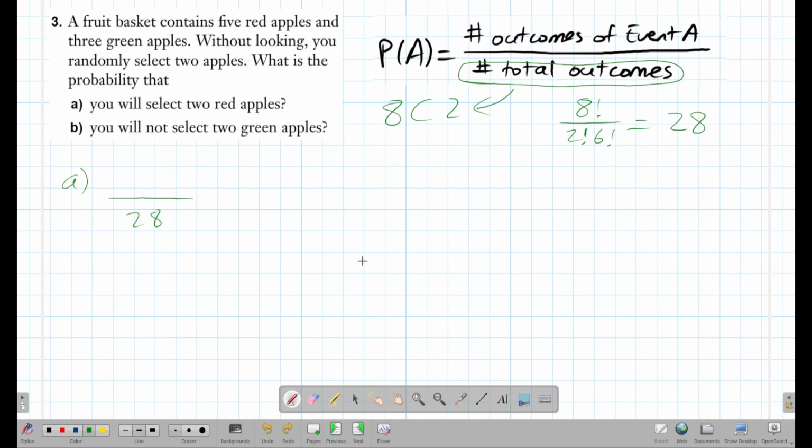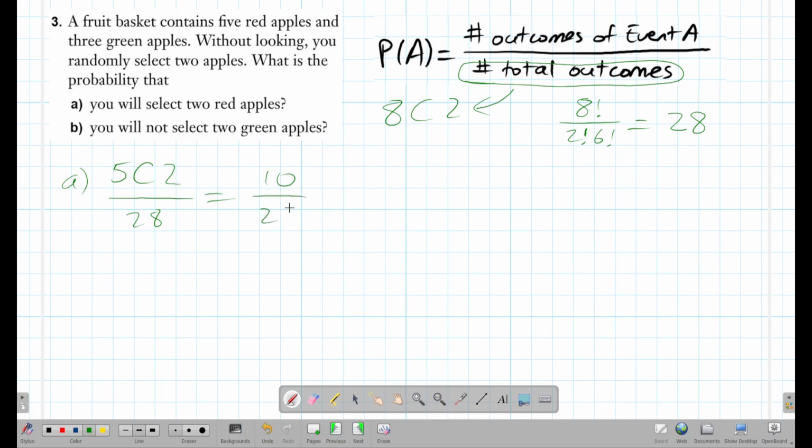Okay, so let's tackle the red ones first. We need to select 2 red apples. Again, we're going to use combinations because we don't care about the order. We have 5 red apples to choose from, and we're going to choose 2 of them. So that looks like 5C2 to me. And 5C2 is going to be 10.